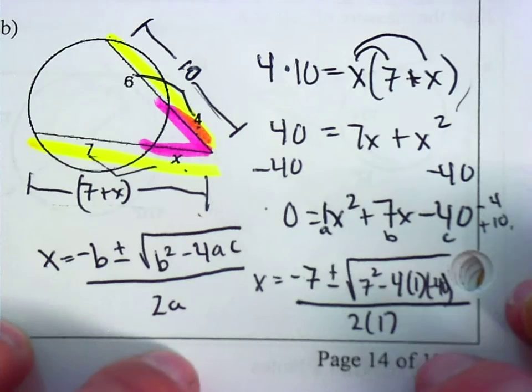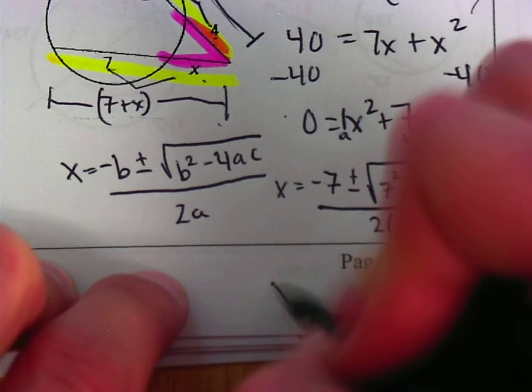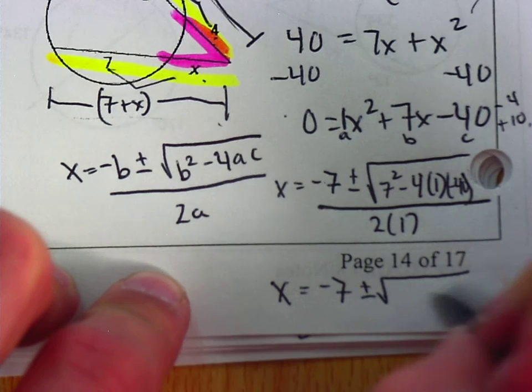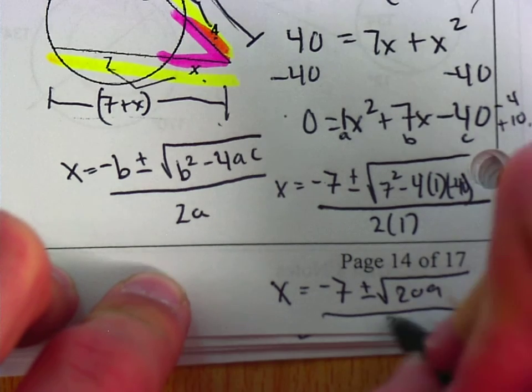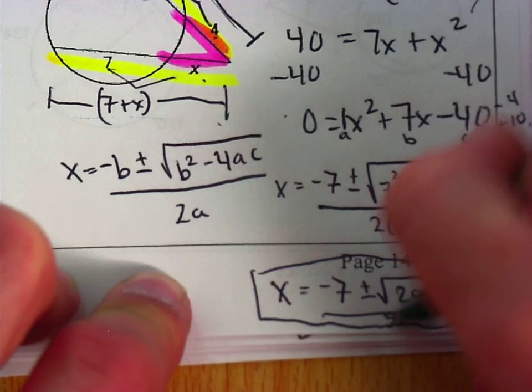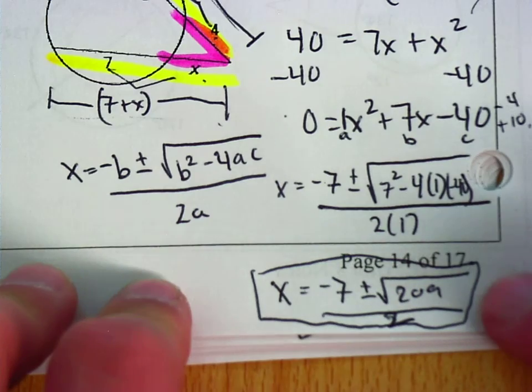All right, and when we simplify the inside, we get x equals negative 7 plus or minus the square root of 209 all over 2, and we can actually leave it just like that. That can be our answer, okay? So don't feel like you have to type that into a calculator or anything. Just leave it like that.